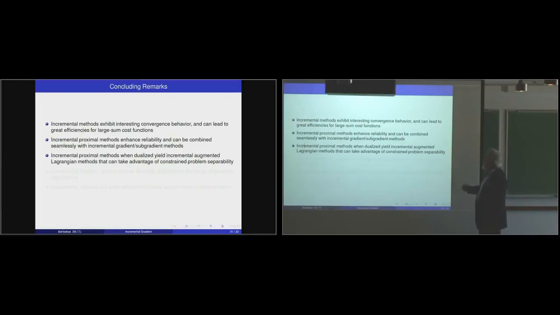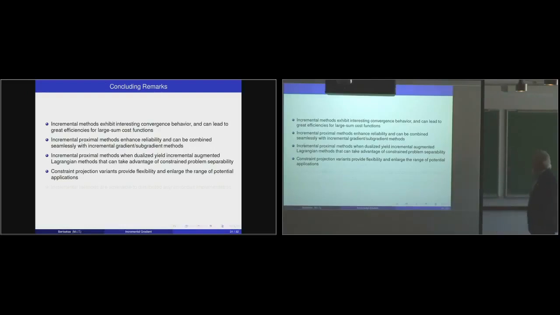There's a connection with augmented Lagrangian methods because proximal methods are dual versions of augmented Lagrangian methods. And it turns out that the incremental versions can take advantage of constraint problem separability. Finally, constraint projection adds an additional layer of flexibility for problems that have difficult constraint sets and you would like to project on only a component.